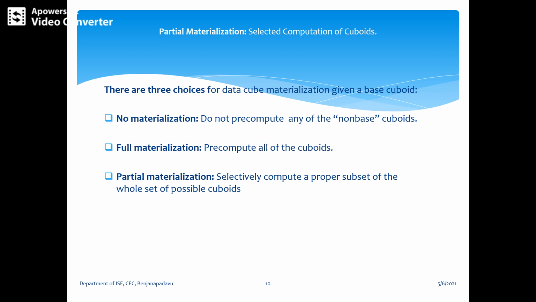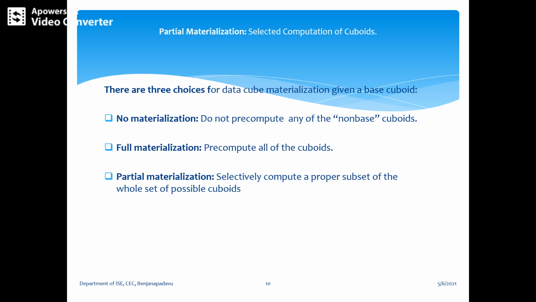If there are many cuboids and the cuboids are large in size, a more reasonable option is partial materialization, that is, to materialize only some of the possible cuboids that can be generated.